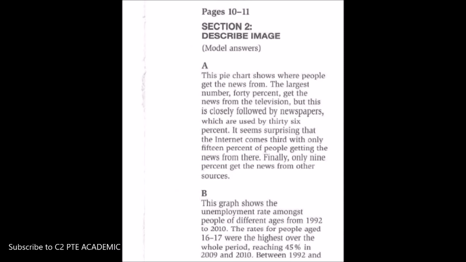The levels of unemployment for those aged between 21 to 24, both with and without a degree, followed a similar pattern, beginning at about 15% in 1992 and ending at about 12% and 14%, respectively, in 2010. But apart from a period from about 1993 to 1996, the level of unemployment was higher for those without a degree.